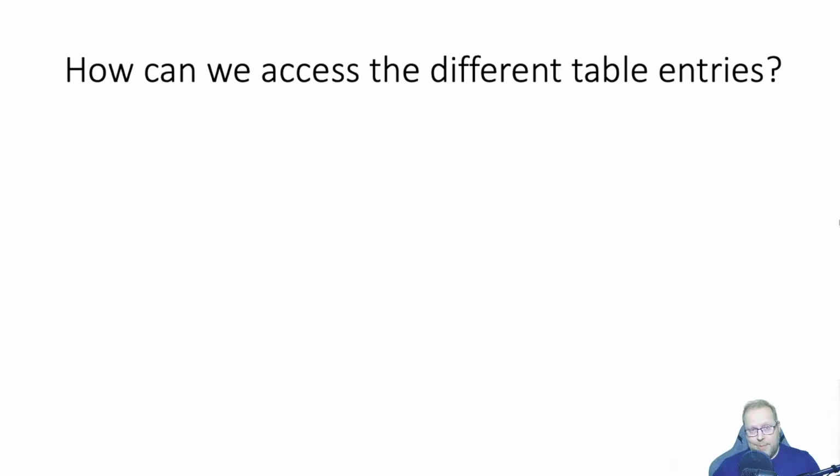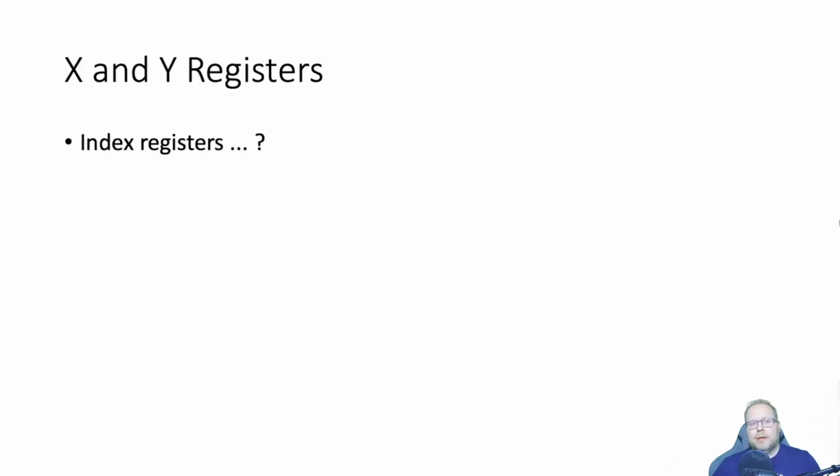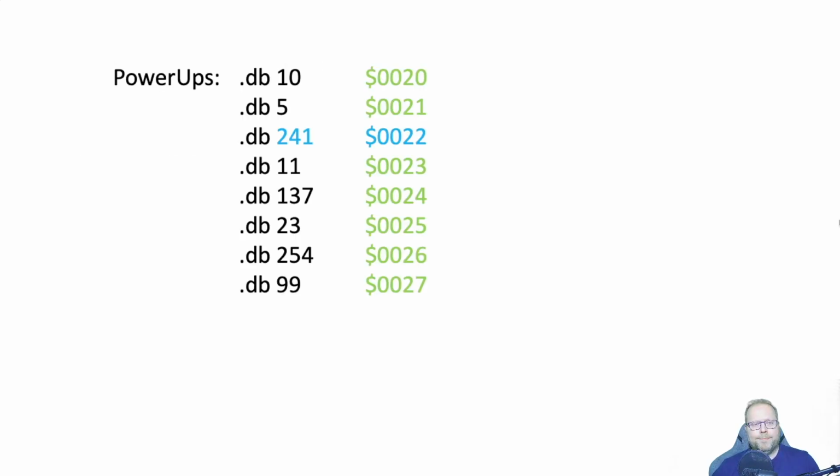How do we access these other table entries? Well, you remember last time I talked about the X and Y registers, and I called them index registers. This is where that comes into play. So let's go back to my power-ups table. What if I want to access the third entry here?